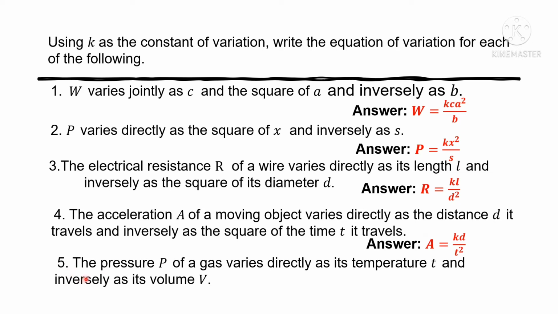Number 5. The pressure P of a gas varies directly as its temperature T and inversely as its volume V. The answer P equals kT over V.